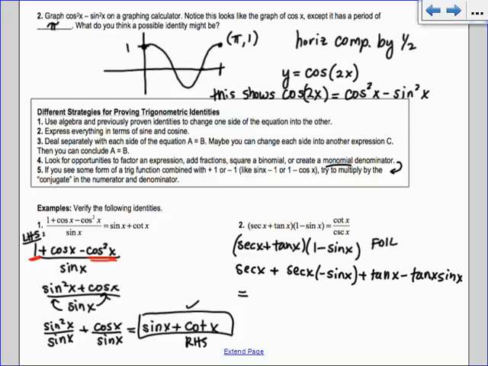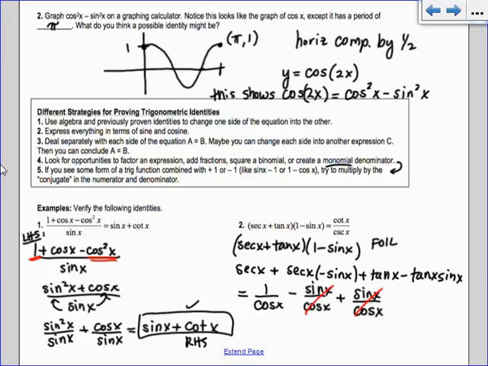Now I'm going to change it to cosines and sines. So I have 1 over cosine of x, minus 1 over cosine of x with a sine of x on top, so it's sine of x over cosine of x if you want to write it that way. Luckily, that's what I have on this next one: tangent of x is sine of x over cosine of x, so there's some canceling happening there.